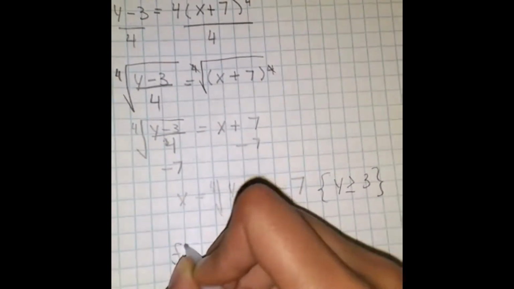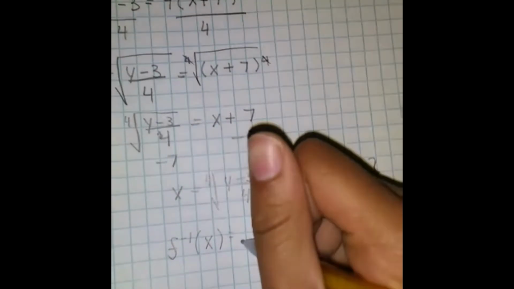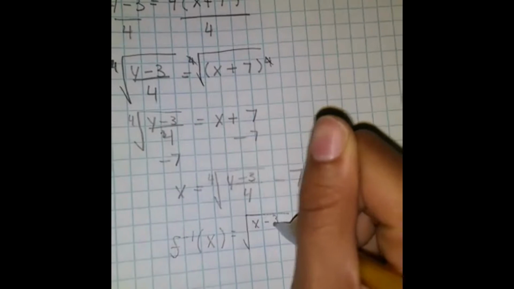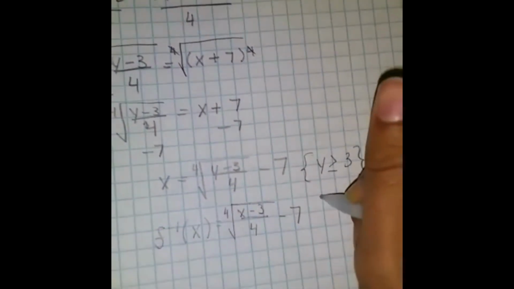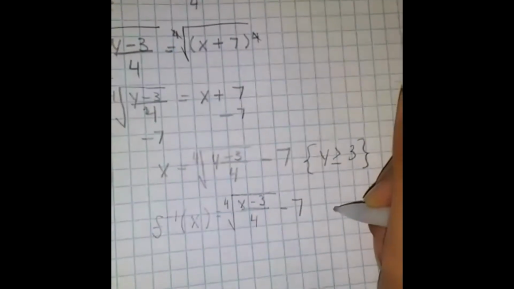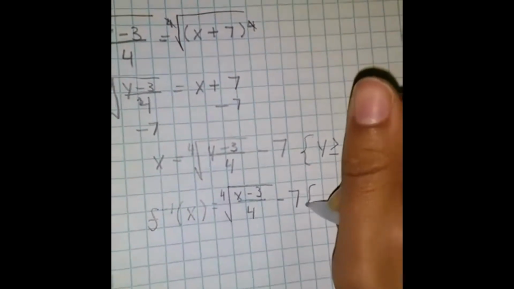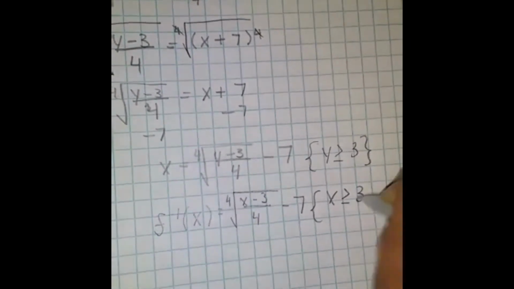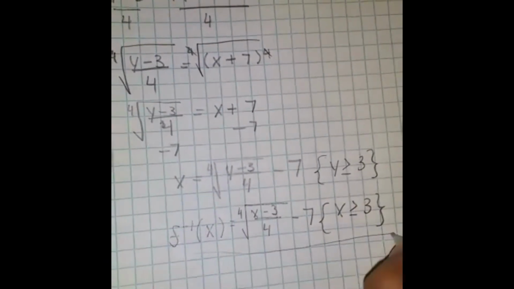So the inverse would be Now, since we are changing the x and y values, we would also have to change the x and y values of the range. So this would mean that the range would now become x is greater than or equal to 3. And that is your inverse function.